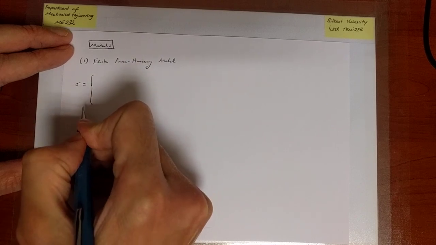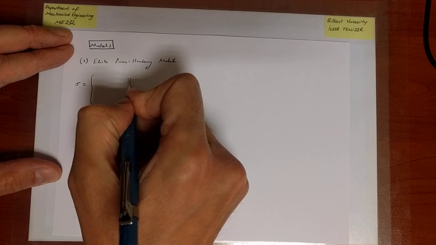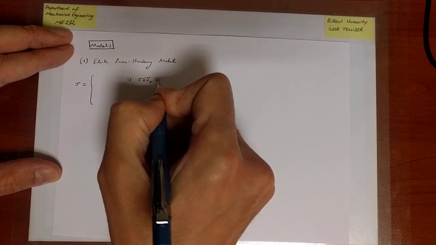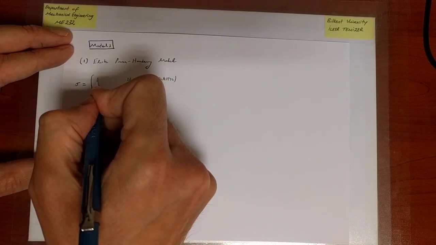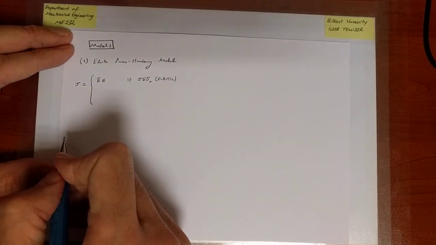First, we say that if I am in the elastic region, so in other words, if stress is less than or equal to sigma naught, then that's the elastic region. Then I know that the relation is simple and sigma is equal to E times epsilon.